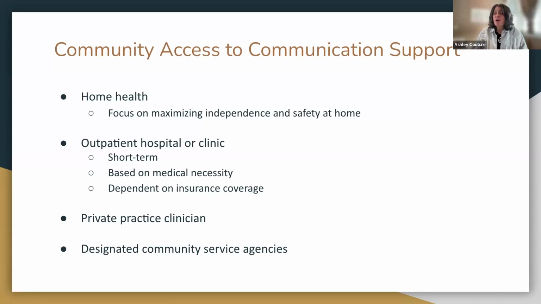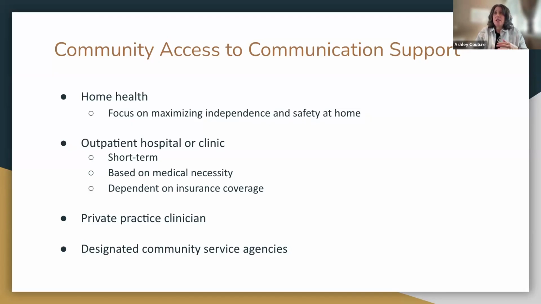And it's hard for private practice clinicians to be specialists in AAC. There's a lot of time with AAC that is hard to capture from a financial reimbursement perspective. And so it's often a challenge for folks to do that. But there are private practice folks out there.